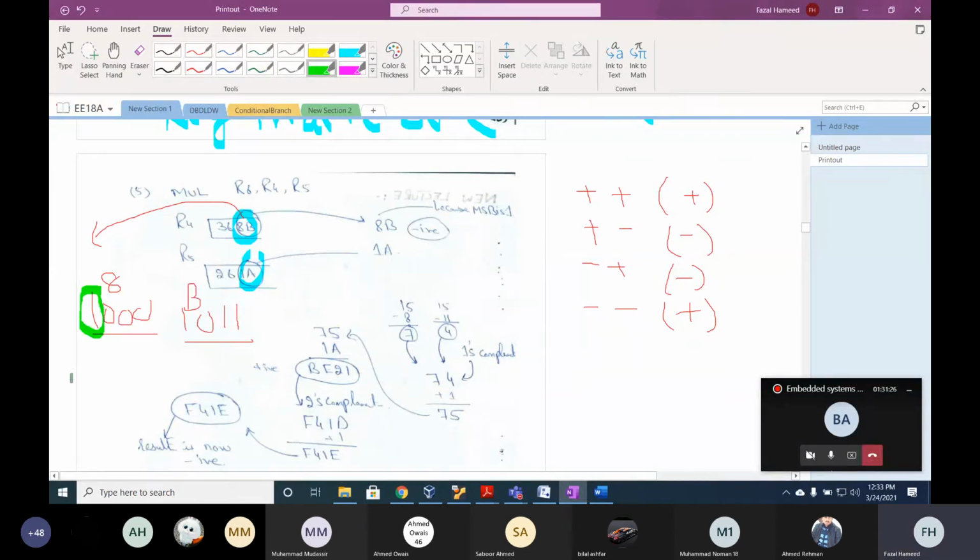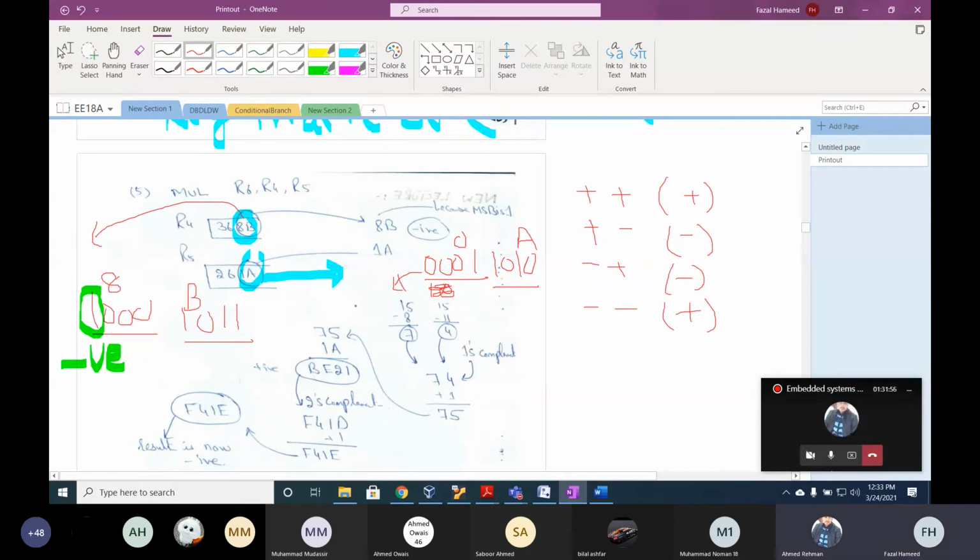Now the coding for 1A is 0001 and 1010, so this is 1 and this is A. Is this positive or negative?